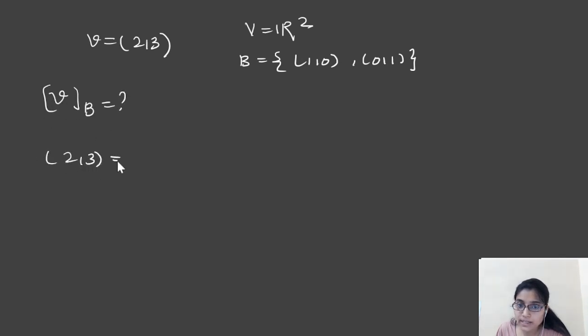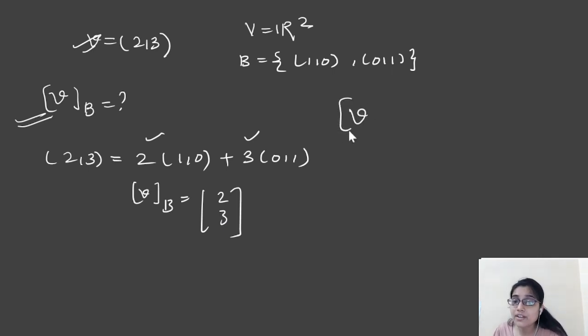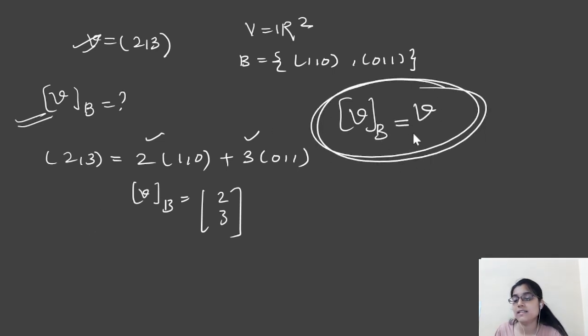You will write it down like this: 2 times 1 0 plus 3 times 0 1. And you will put these scalars in a column. And this is your vector V itself. That's why I'm telling you, with respect to the standard basis, the coordinate vector of any vector is the vector itself.